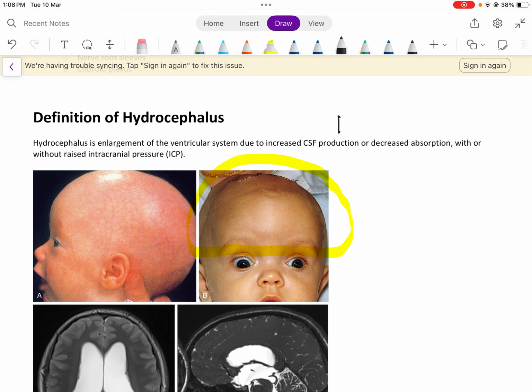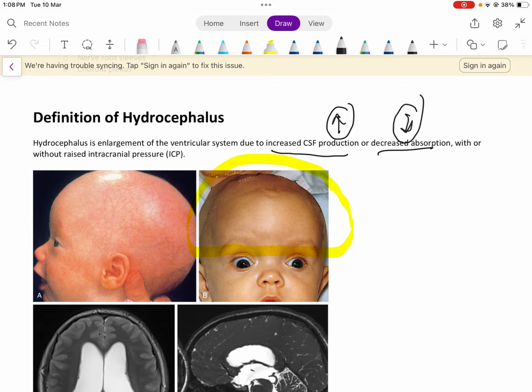Maybe there is more fluid production, or maybe the body is producing adequate CSF, but the absorption mechanism is defective, and because of that, whatever fluid is secreted is getting accumulated. So either increased CSF production or decreased absorption of CSF.